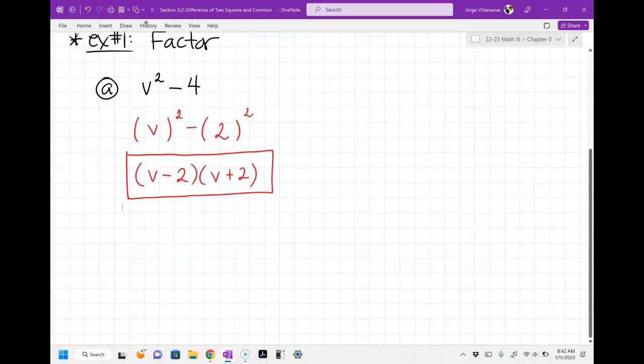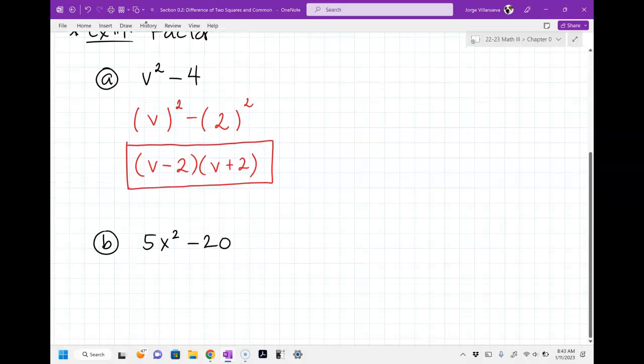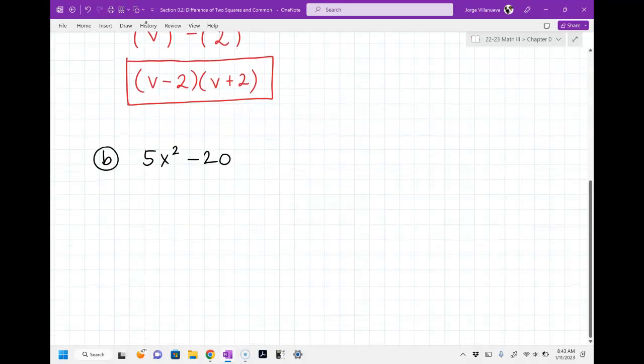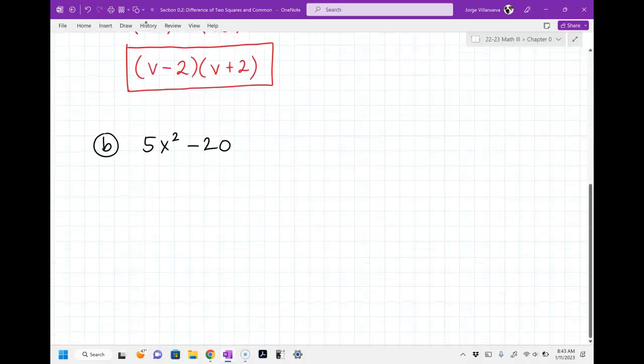Okay? Now, how can they make it more difficult if they wanted to, which they are. They're going to give you a couple that are more difficult. So I'll give you one like this. So 5x squared minus 20.